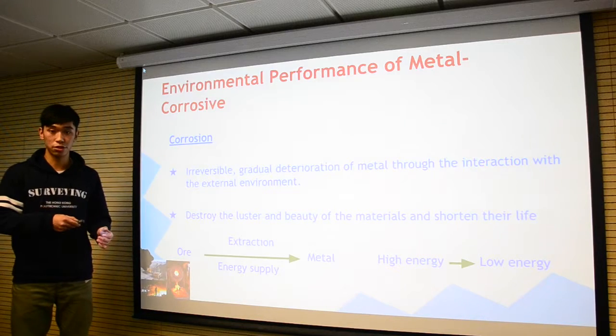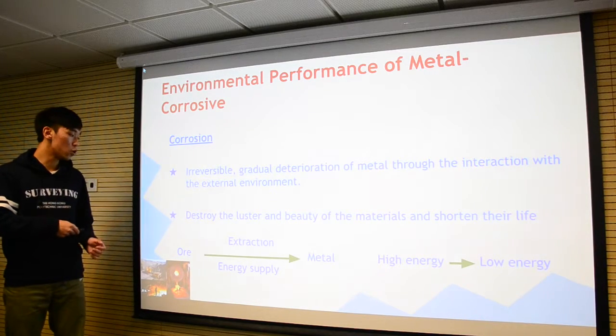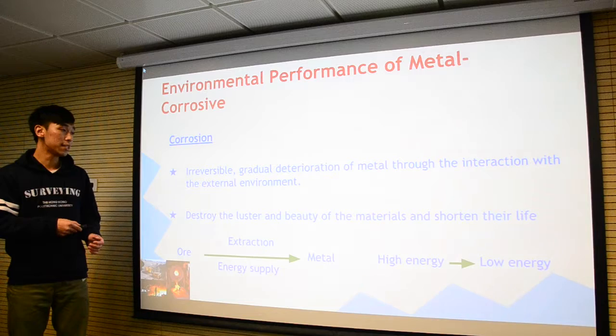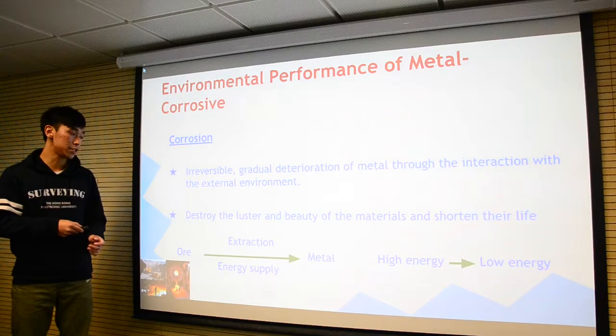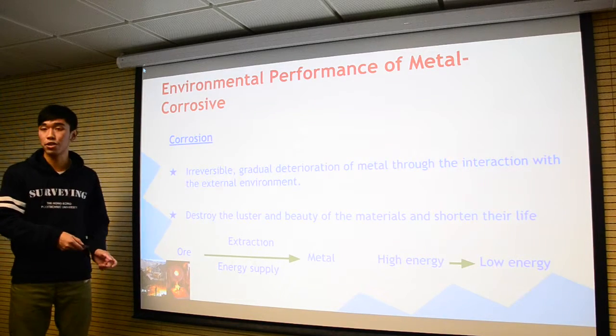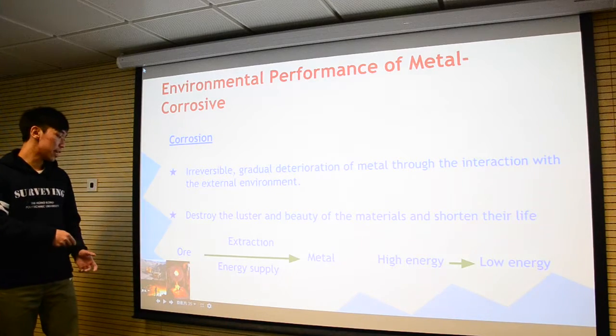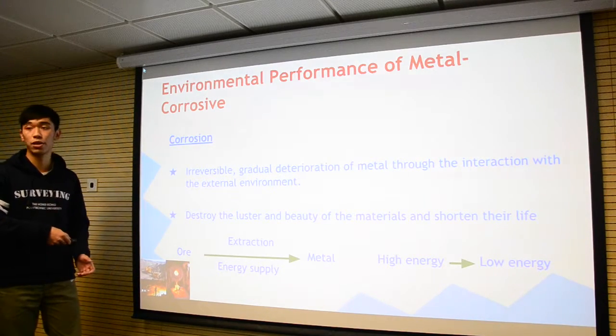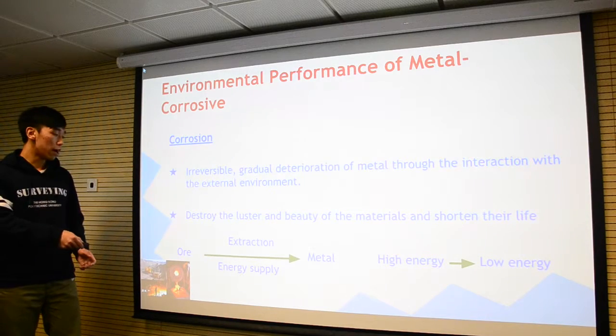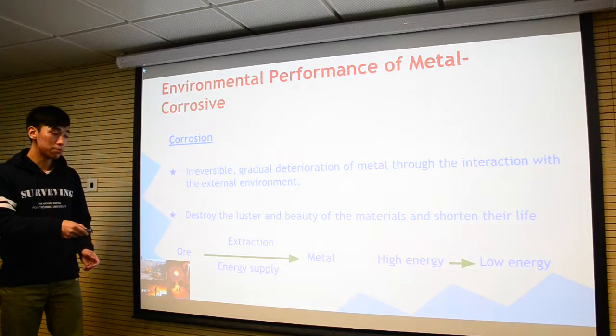After defining what corrosion is, I will talk about the cause of corrosion. It is a spontaneous reaction. Nowadays, we are using metals, but actually they are not in their original status. The original status of metal in the earth is the ore status. We have to extract them to become metals.